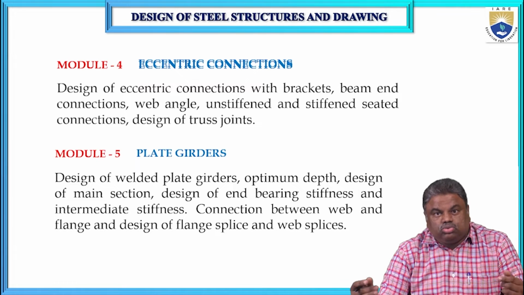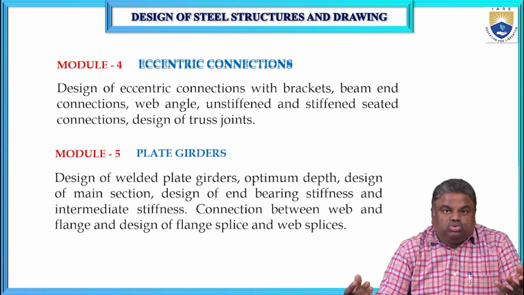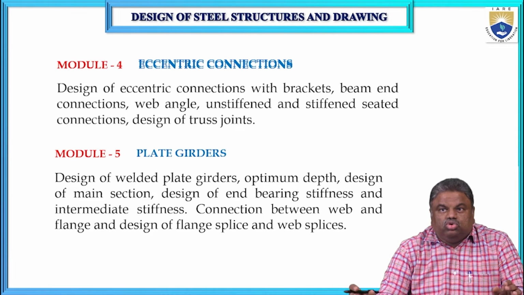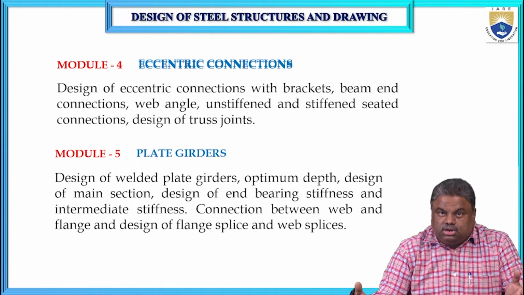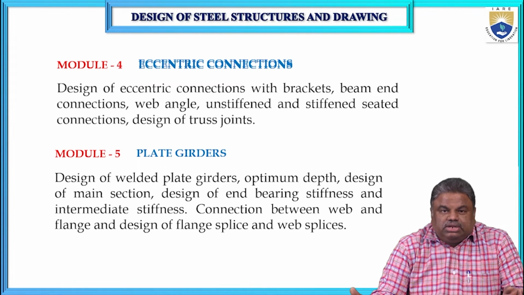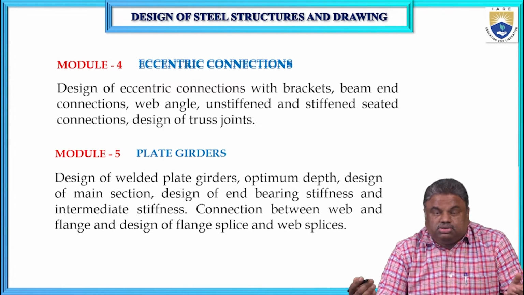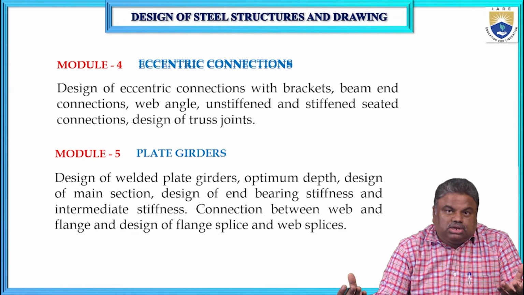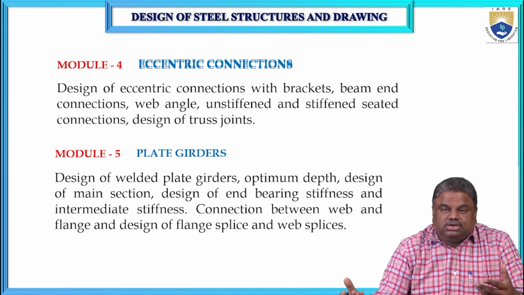Here we have two types of bracket connections, type 1 connection and type 2 connection. Those we will see while discussing module 4. So what are the beam connections? Beam to beam connections, beam to column connections, and column to foundation connections.